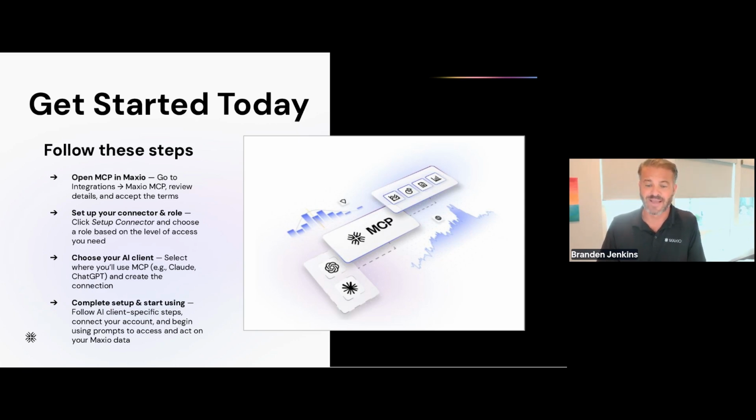I mean, it's pretty amazing. When you do connect, it'll bring you to Maxio's login, and you just have to log into Maxio one time as a complete authentication process, and then that's it.